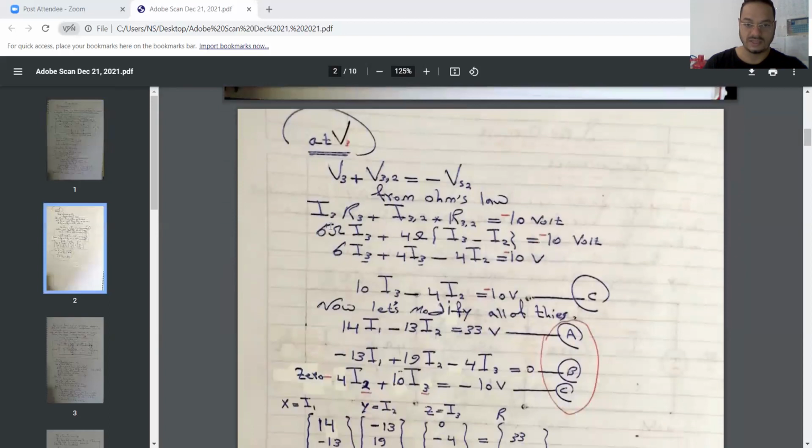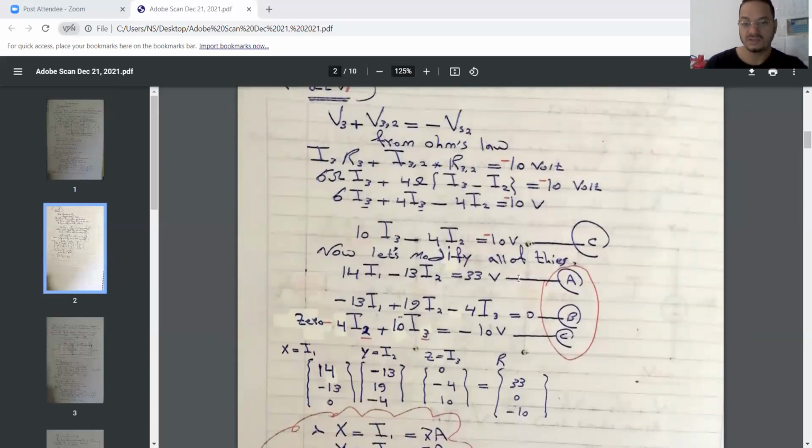From Ohm's law it will be like that, I3 R3, I32 dot R32. I put all of these numbers to make these equations easier. Minus 10 volt, or we can say plus 10 volt, will be like that. Plus 6 plus 4, 10I3 minus 4I2 equal minus 10 volt.